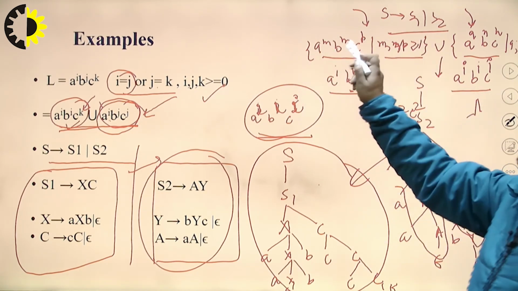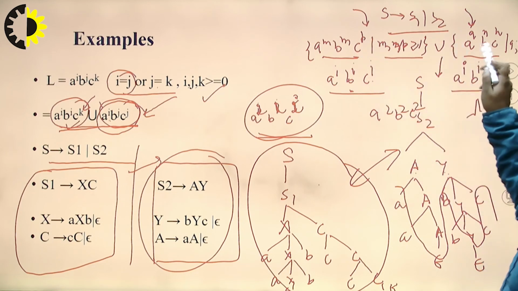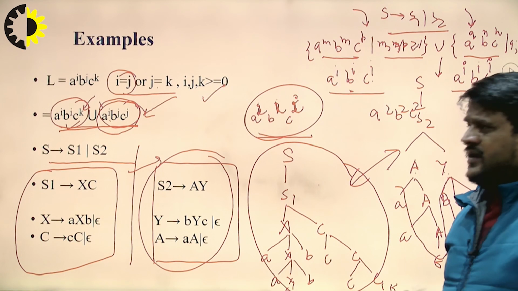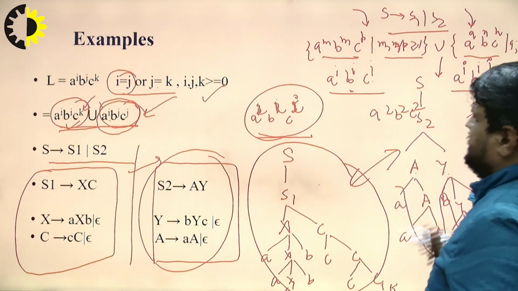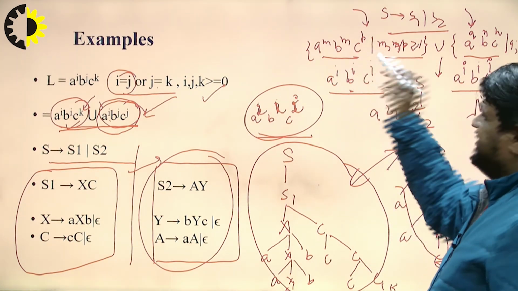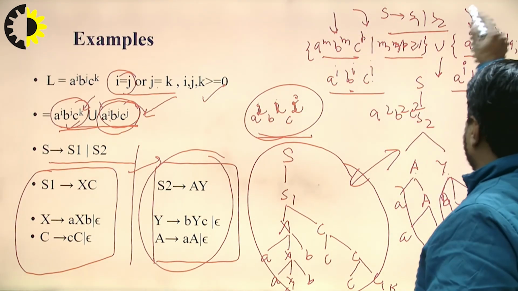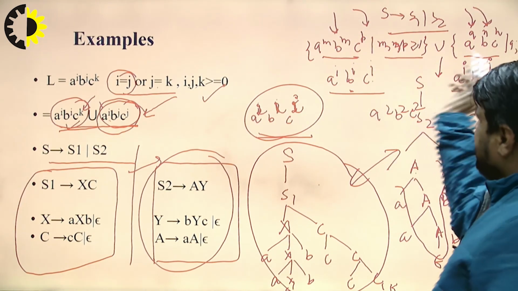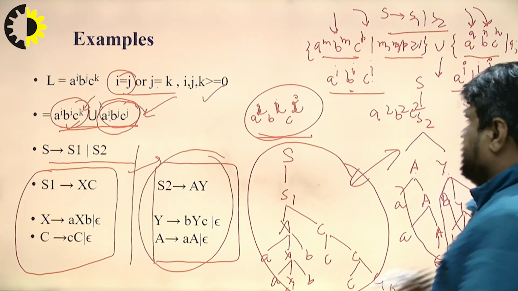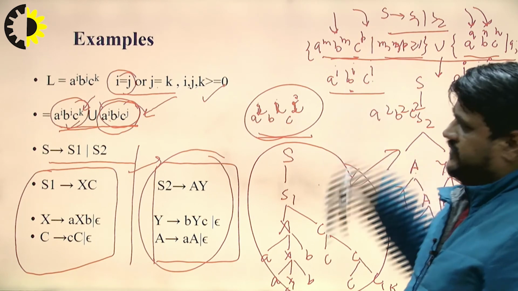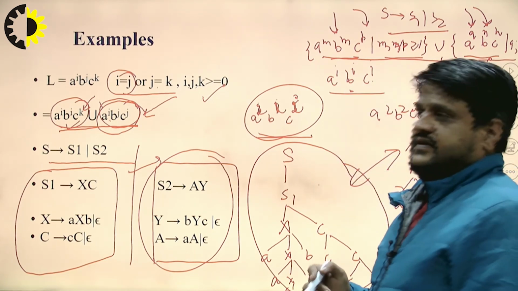Here A, B are same, C may be different. Here B, C are same and A may be different. But for the common strings, suppose A, B, C, if you think A, B, C belongs here also or here also, then there is more than one possibility. So the grammar corresponding to that is always ambiguous, right or not right?